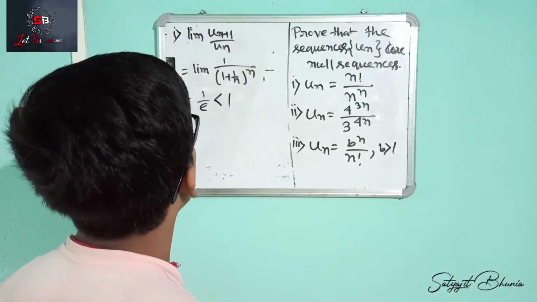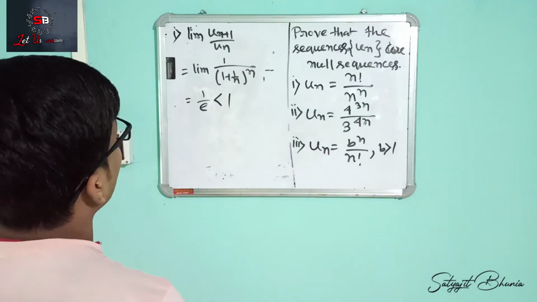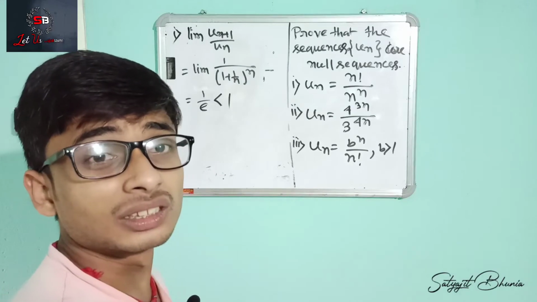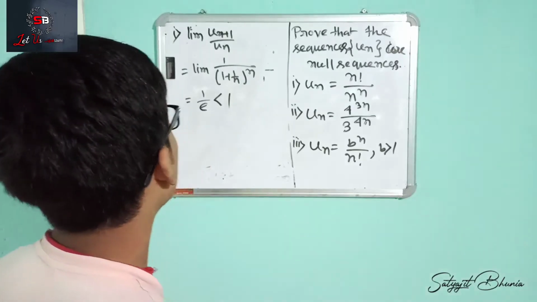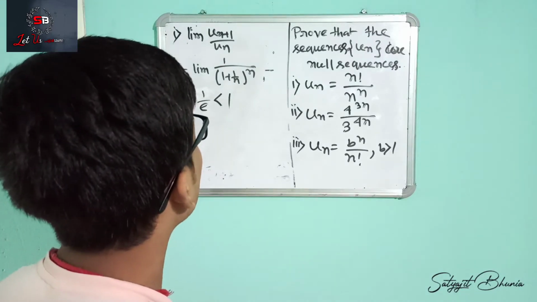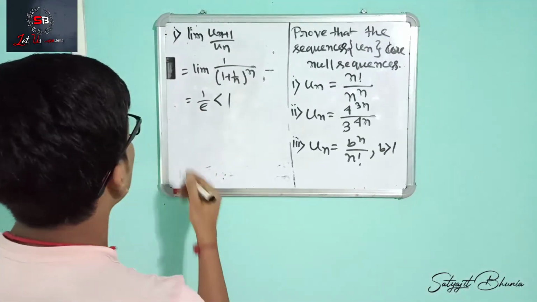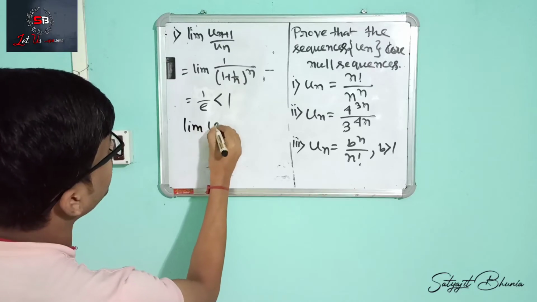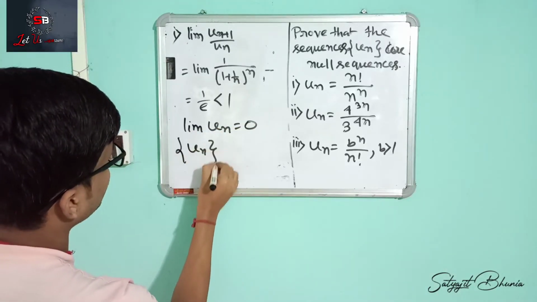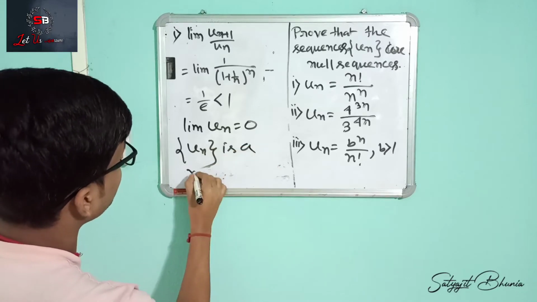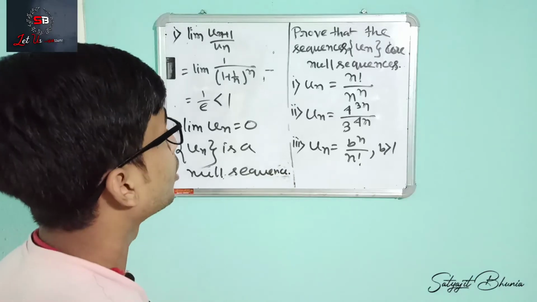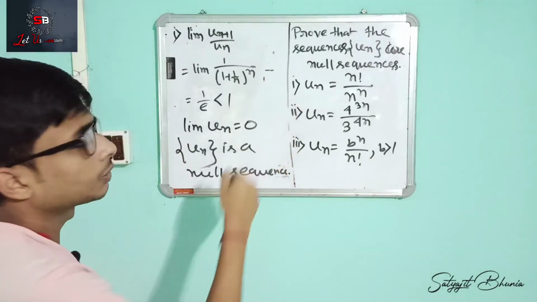So from the earlier mentioned theorem, since the value of the limit un plus 1 by un is less than 1, we have limit un is equal to 0. So un is a null sequence. This is how we can prove the first one.